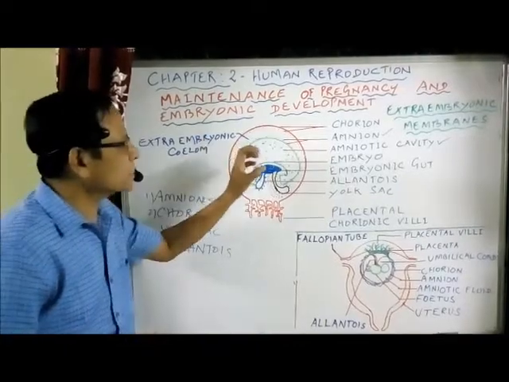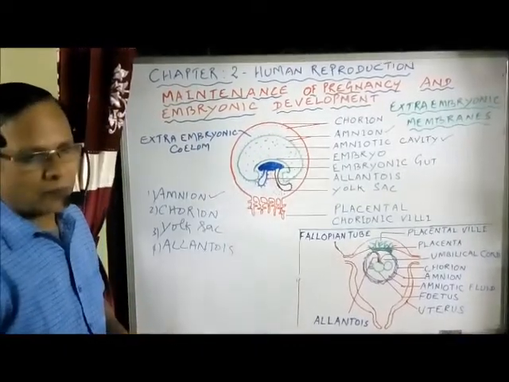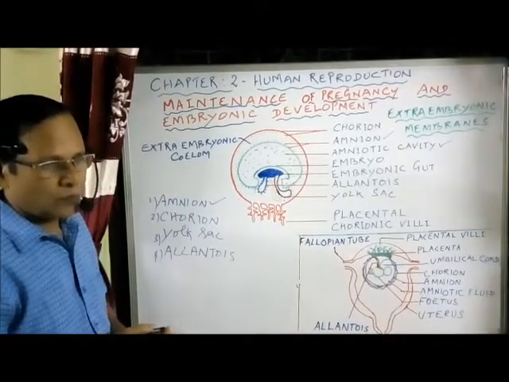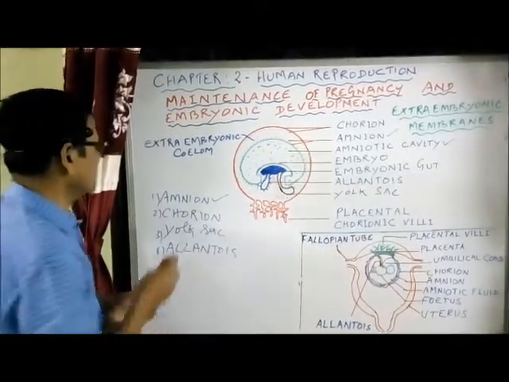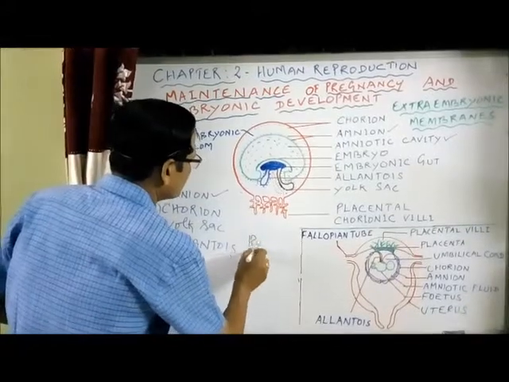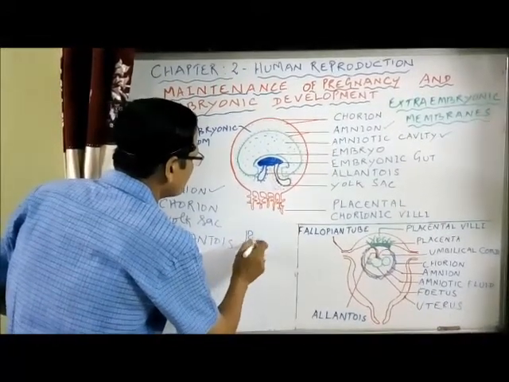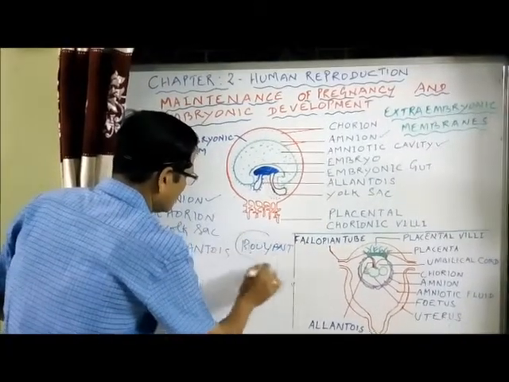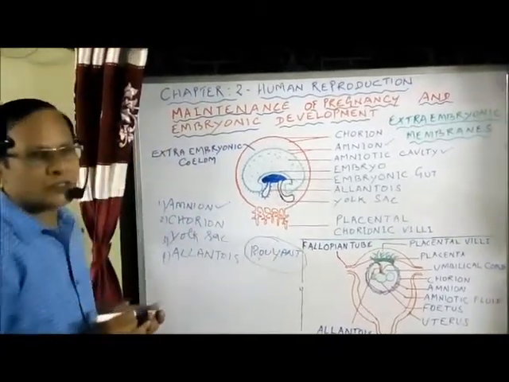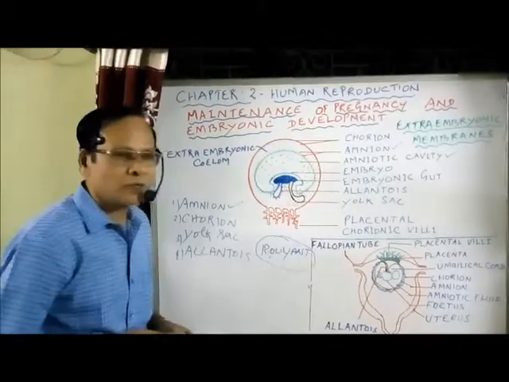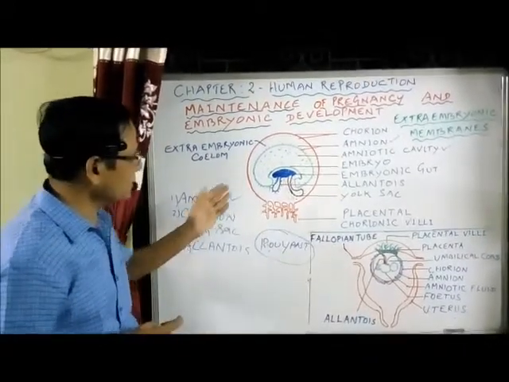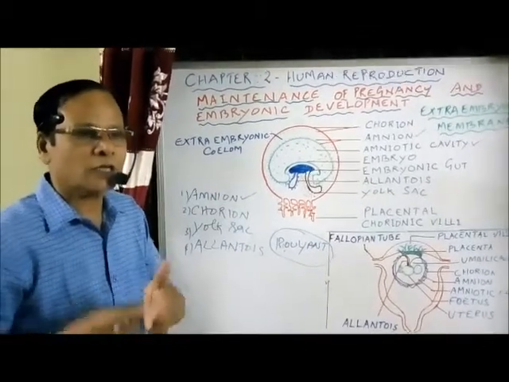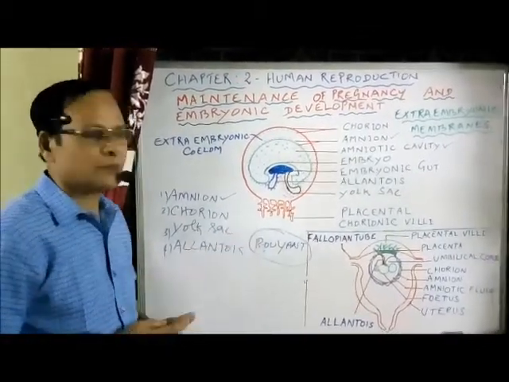What is the function performed by this one? It provides a buoyant environment, that is the floating effect, buoyancy. It provides a buoyant environment to protect the developing embryo from injury, so the shock is prevented.